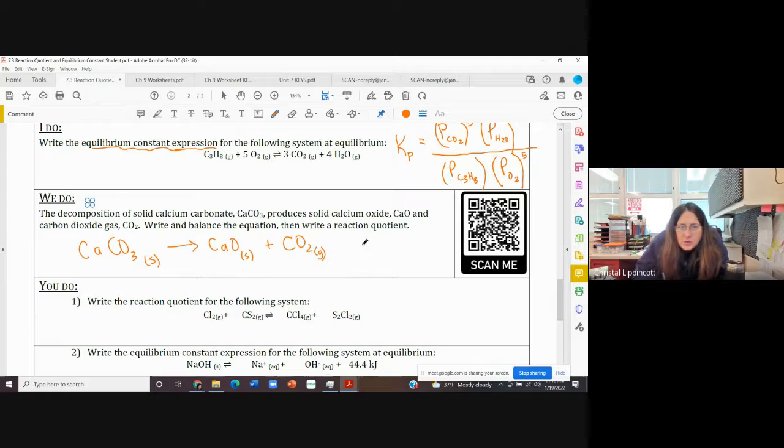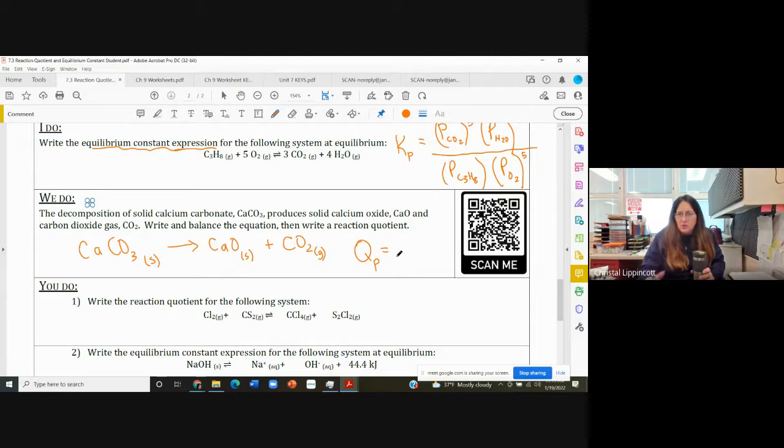So this is going to be gas. So QP is equal to what? You don't do the solids, right?